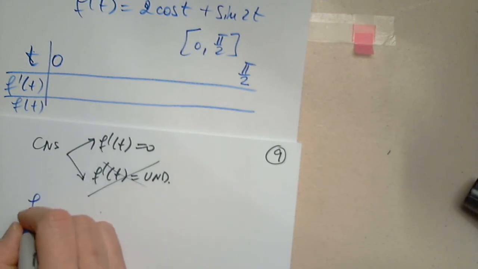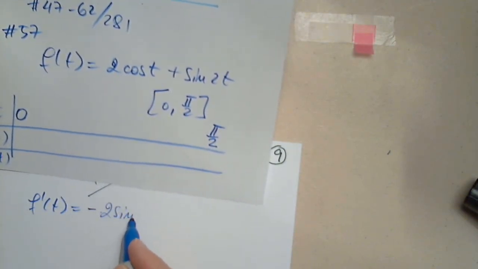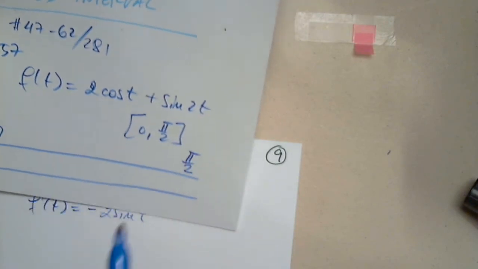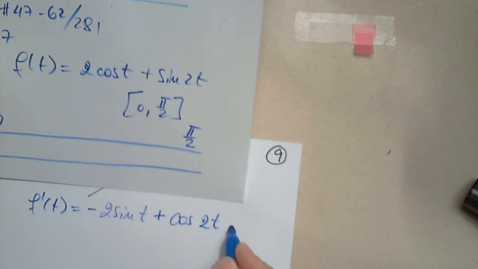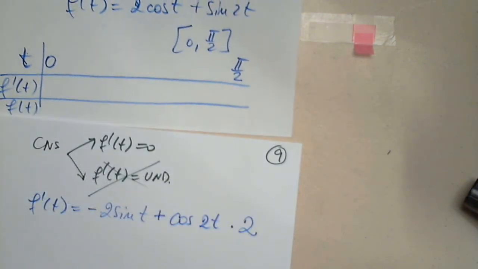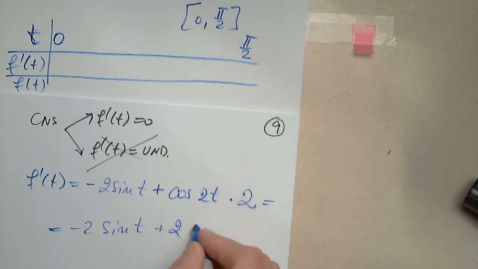So let's find first of all f prime. 2 cosine t prime is negative 2 sine t. Now I have to be careful here because it's a function inside the function. So plus sine prime, which is cosine 2t, times the inner function prime. So this is negative 2 sine t plus 2 cosine 2t.